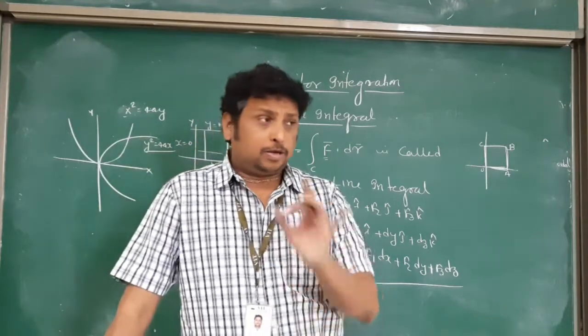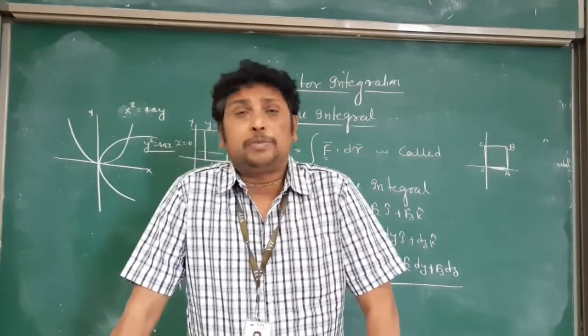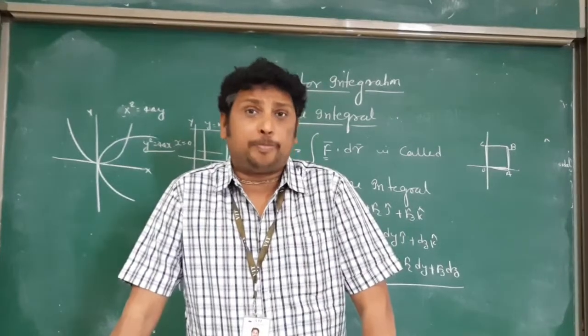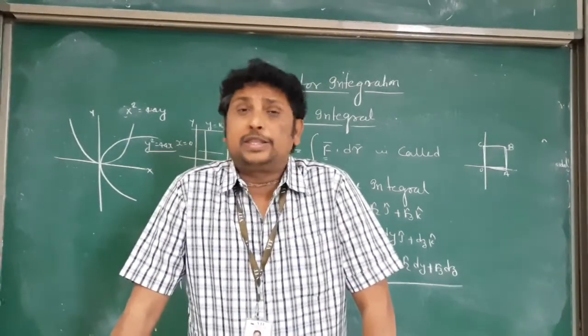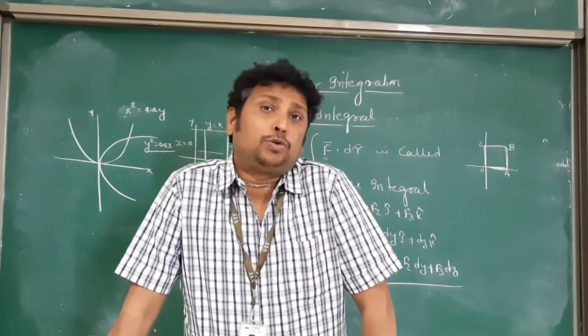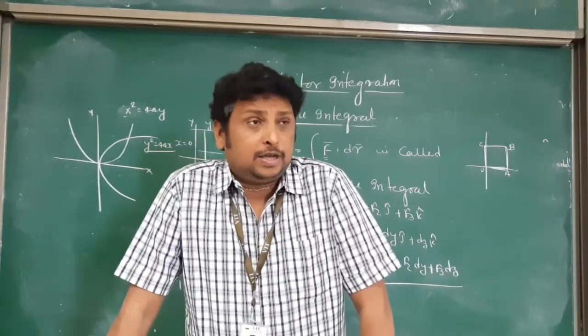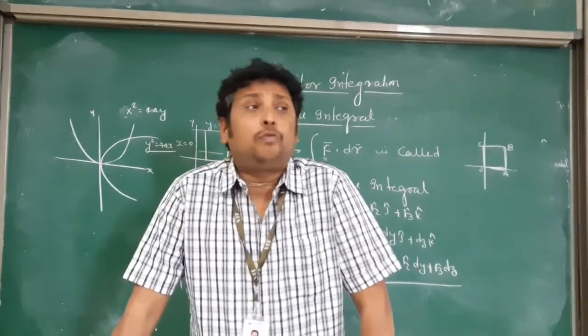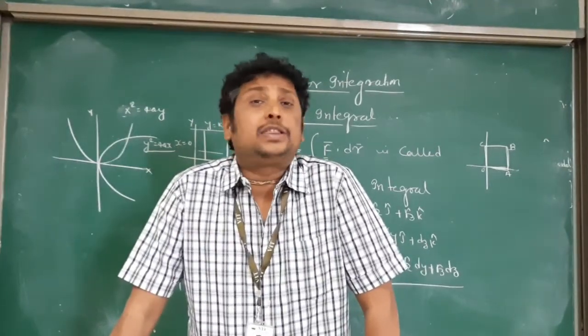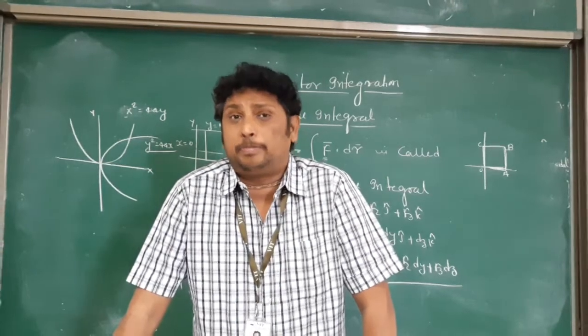And one more thing, sometimes we use parametric form. Parametric form for a circle you know very well. x is equal to r cos theta, y is equal to r sin theta. And I already explained how we change the variables. That video is there on my channel.